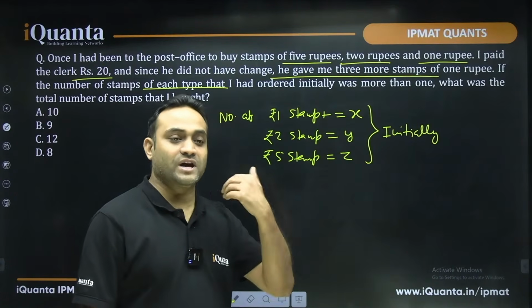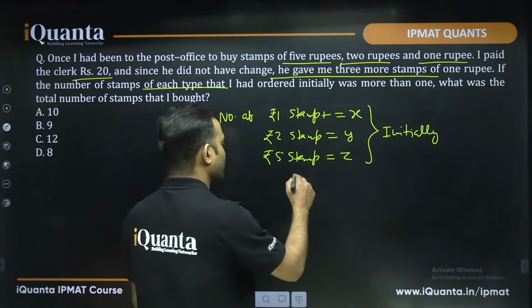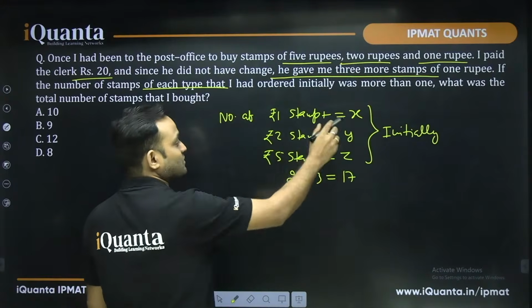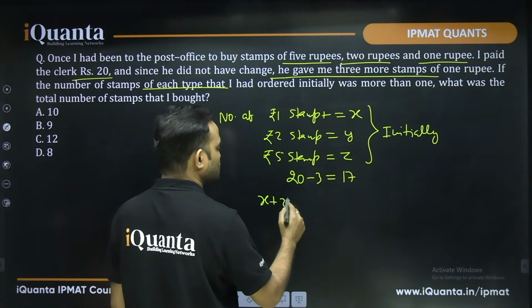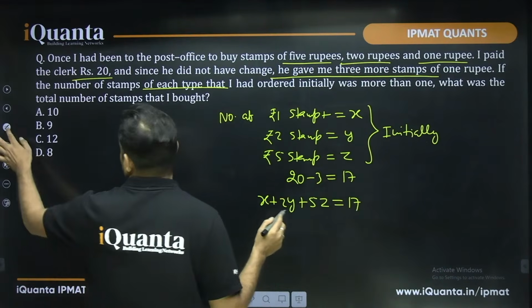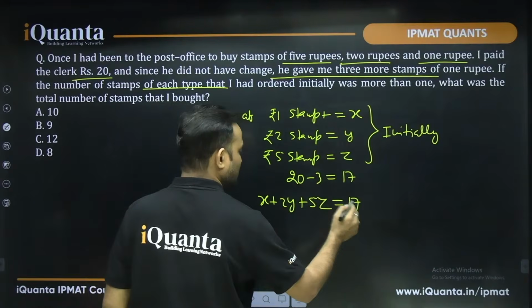He had to accept 3 one rupee stamps for change. 20 minus 3 is equal to 17. So x plus 2y plus 5z should be equal to 17, right?